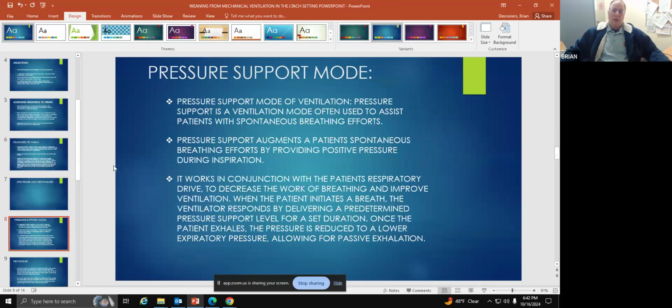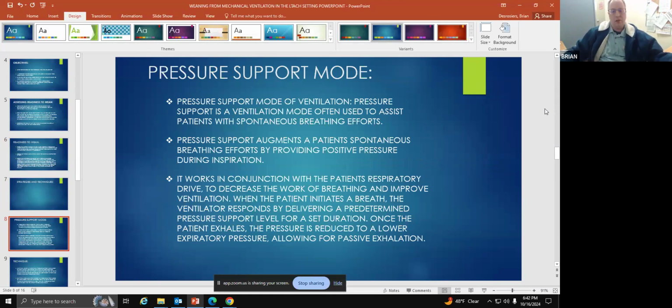All right. So some of the strategies that we tend to use at Whittier, I'll speak for Whittier in Westborough because that's where I work. We usually start off with a pressure support mode of ventilation.